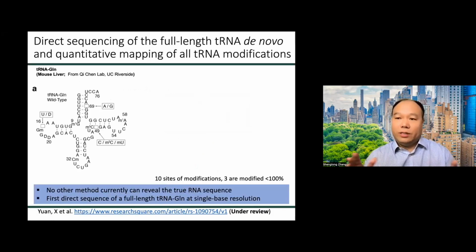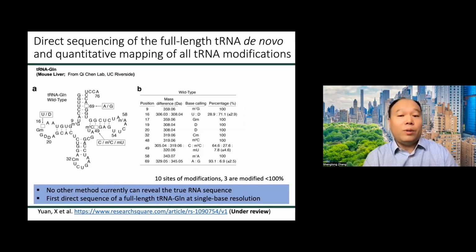So with all those developments, we started to sequence more tRNAs. This is one of the tRNA genes prepared in Professor Chen Qi's lab when he was at UC Riverside. You can see we can not only read the nucleotides A, C, G, U, we can also read all those different modifications simultaneously.